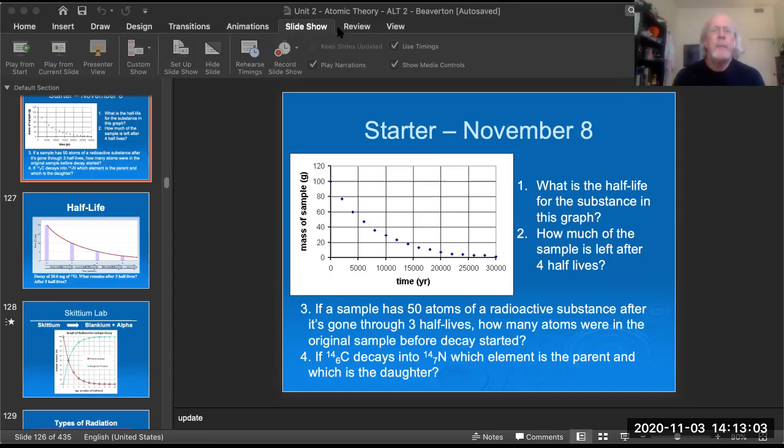And at this point, there is a set of slides. You're going to be working on the molecule caffeine, because caffeine disintegrates in your body. It's not radioactive, but it follows the same pattern as a radioactive element does.